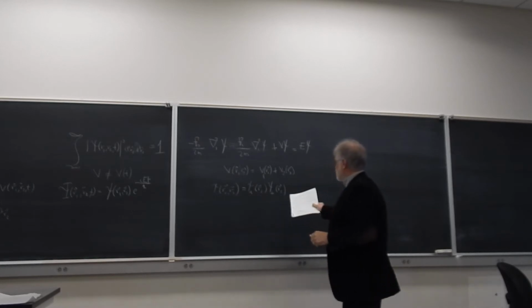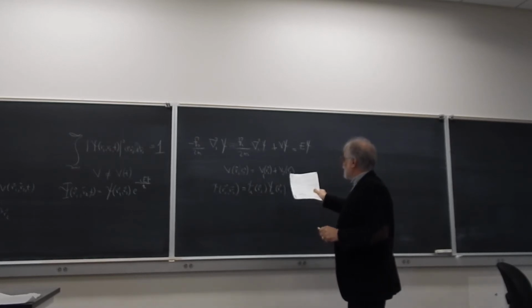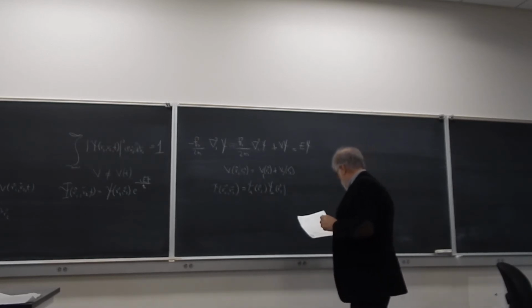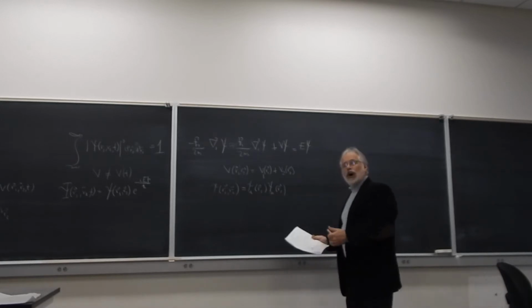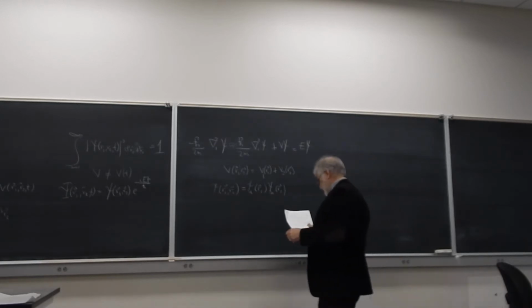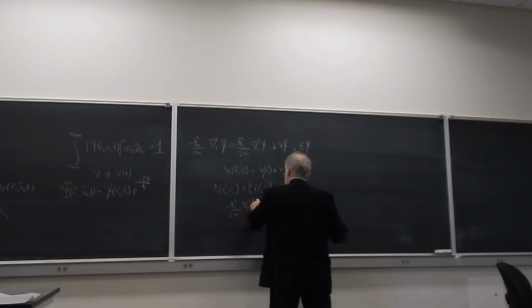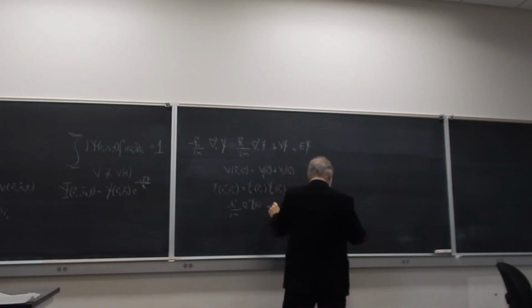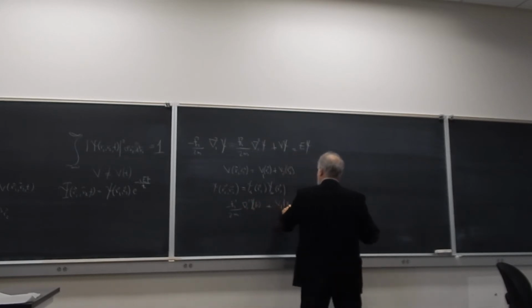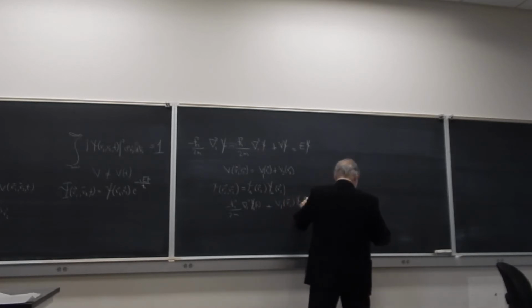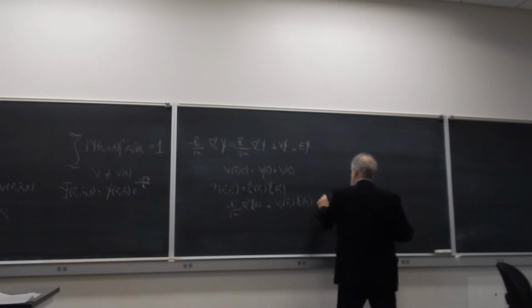So if we substitute this assumed solution into the Schrodinger equation, we're going to get two one-particle Schrodinger equations that look like this. Minus h bar squared over 2m del 1 squared of psi sub A of r1 plus V1 of r1 psi sub A of r1 is equal to E1 psi sub A of r1.